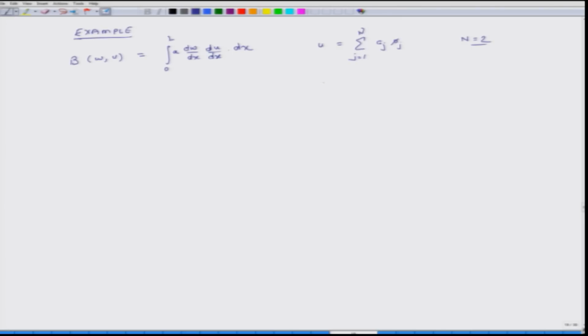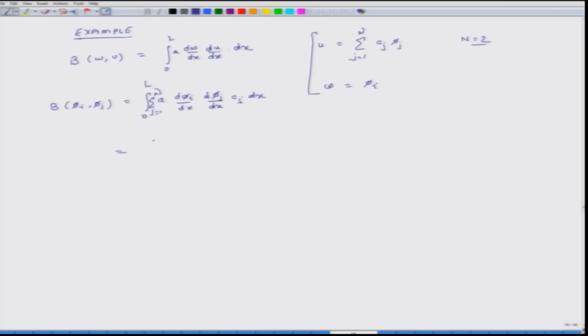W is phi I, then B of phi I, phi j is equal to the integral from 0 to L of a times d phi I over dx, and I am working on the B matrix and I have to sum over j equal to 1 to n.